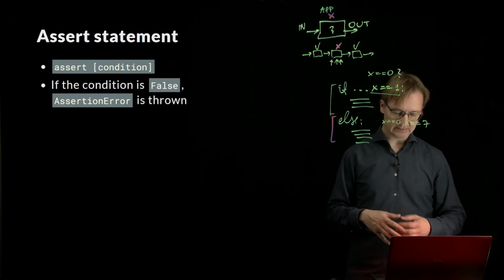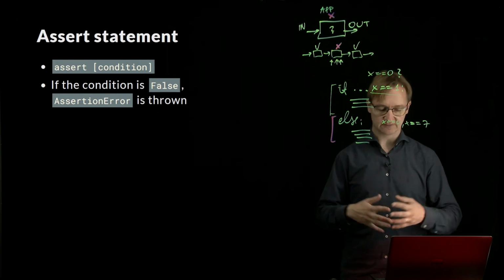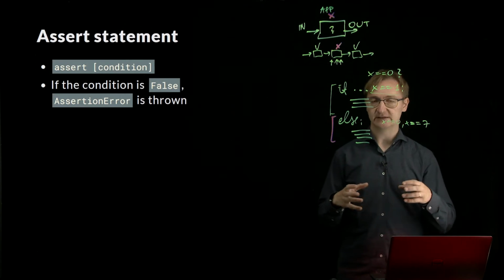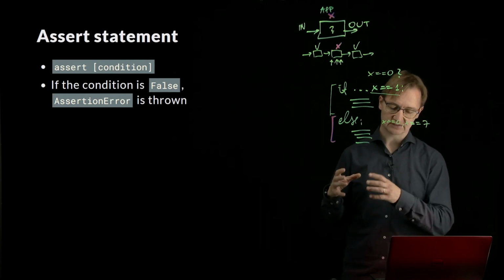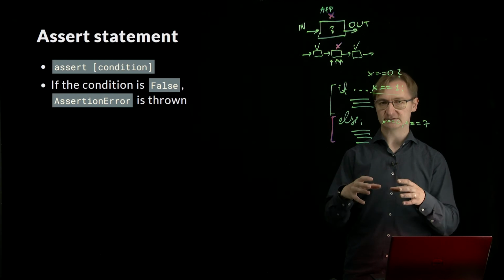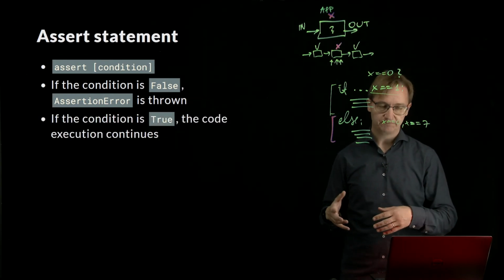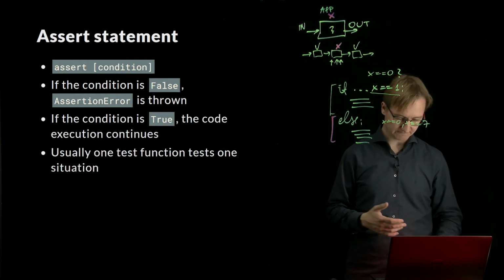If the condition is false, so I do something which gives me a false, then an assertion error is thrown. And if this assertion error is thrown, then basically this test function fails. If this condition is true, the code continues and nothing happens for that line.